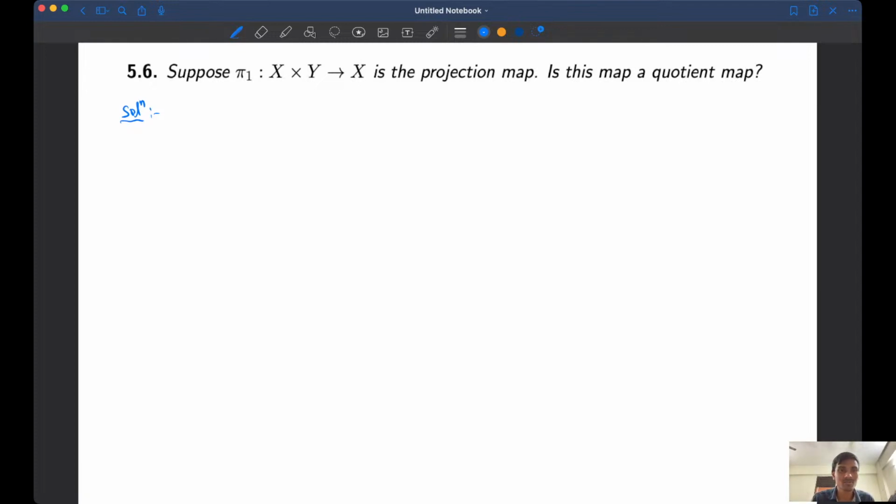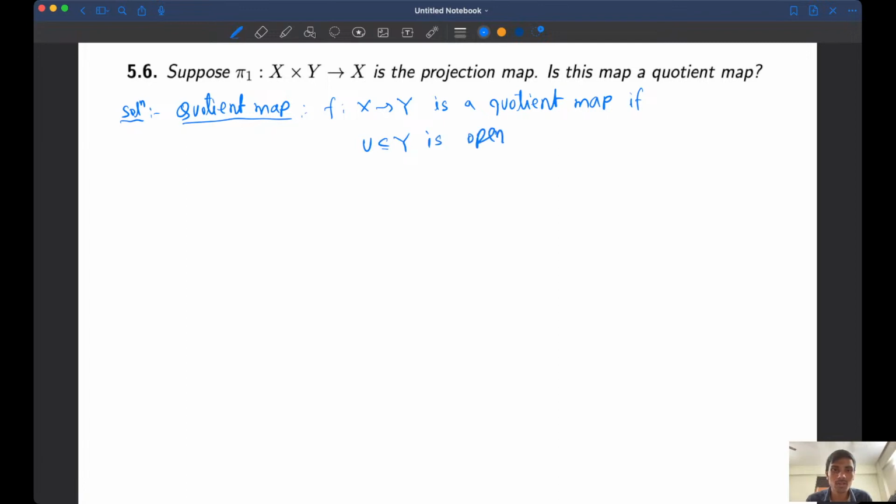Let me write the quotient map definition. If f from X to Y is a quotient map, then any set U in Y is open if and only if f inverse U is open in X.